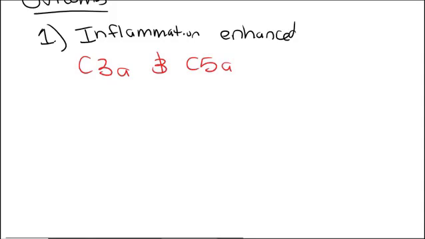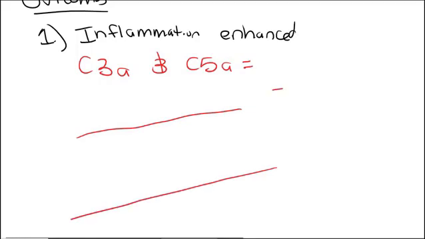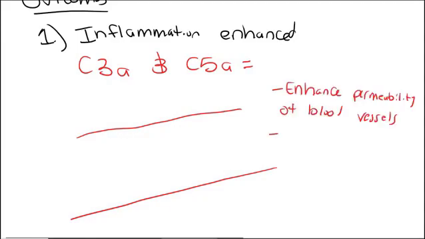And here's what happens. C3a and C5a are going to cause the blood vessels to dilate, so they enhance the permeability of blood vessels. The second thing they're going to do is attract phagocytes to the site of the pathogen.